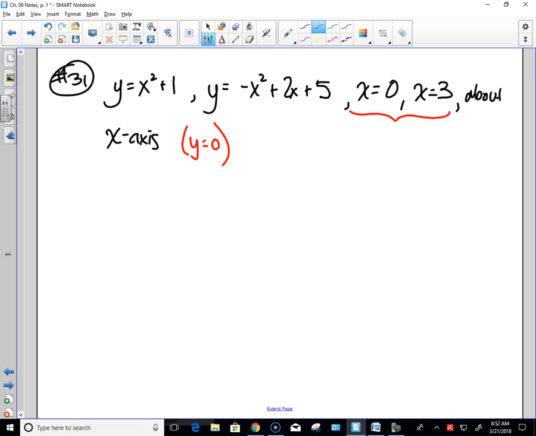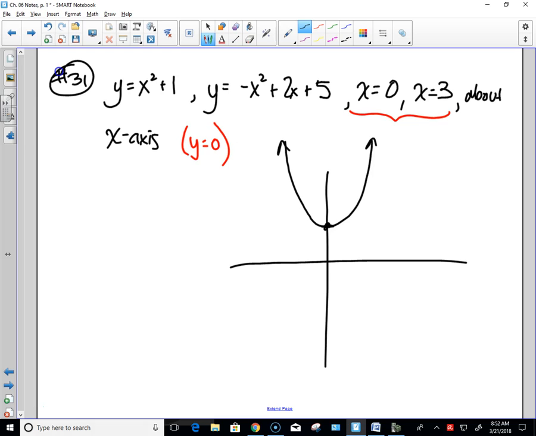There's a pre-cal way and then there's a calculus way. Now, the nice thing is, no matter how you look at it, x squared plus 1 hopefully isn't bad. It's a parabola that has just been shifted up 1, so we could get that graphed pretty quickly. But the one that's harder is the second one. Isn't it a concave down parabola because of the negative?